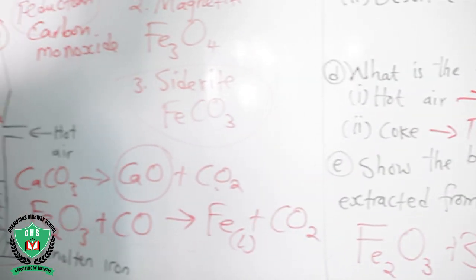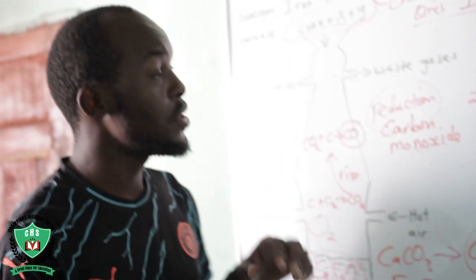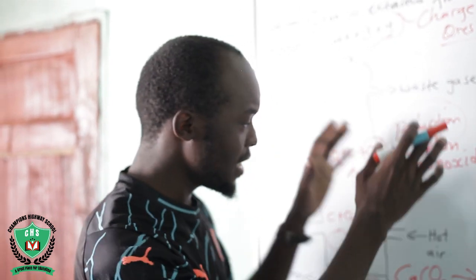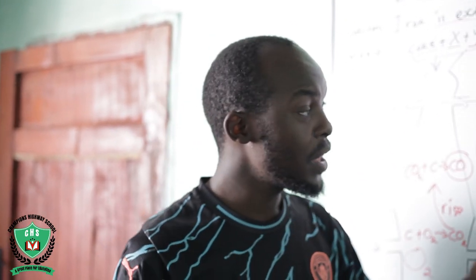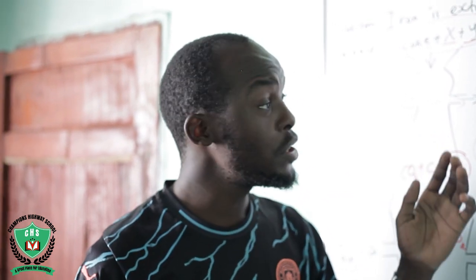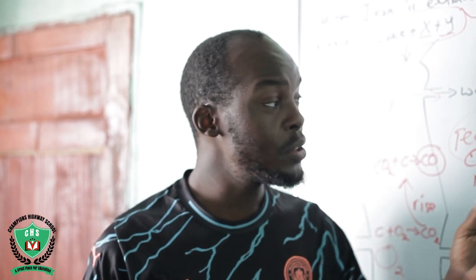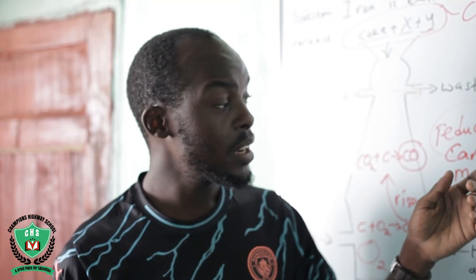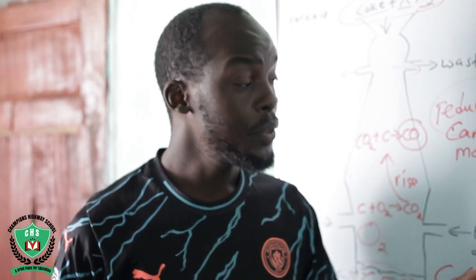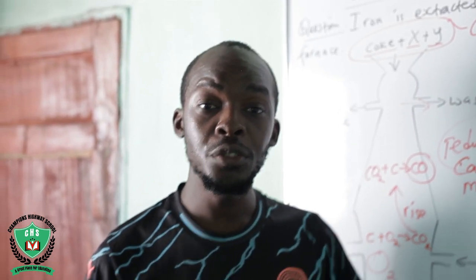Okay, so that's it on extraction of iron, and this is actually the key thing on this one. You have to know the iron ores of iron, where we have hematite, which is the chief ore, the iron 3 oxide, then we have magnetite, which is the tri-iron tetraoxide, then we have siderite, which is iron 2 carbonate.